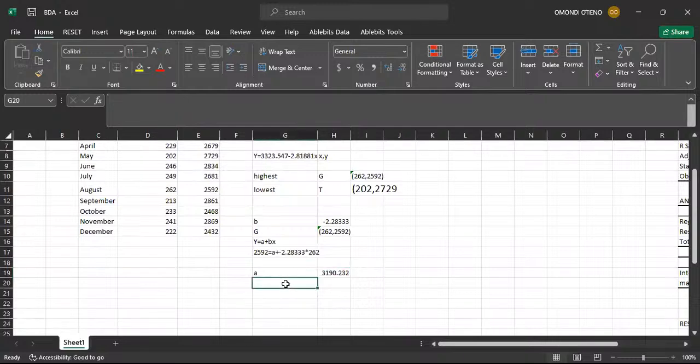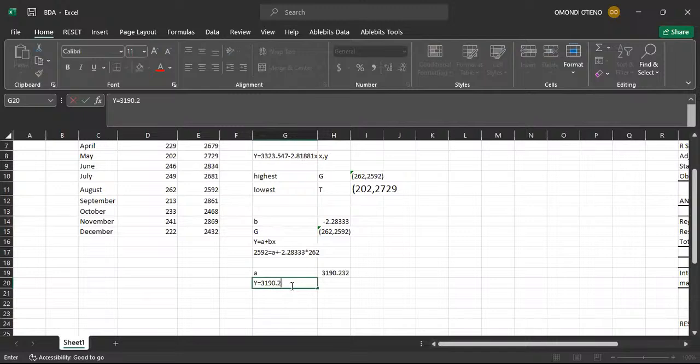So the cost function using the High-Low method, Y is equal to A, which is 3190.232. Then B, what is the value of B? Our B is negative, so minus 2.28333x.